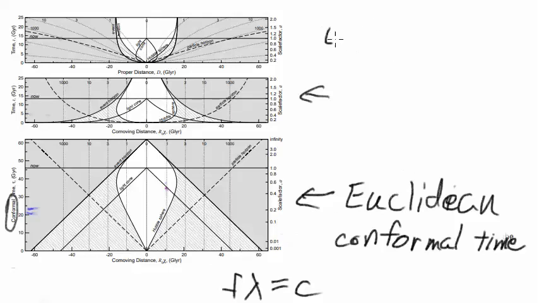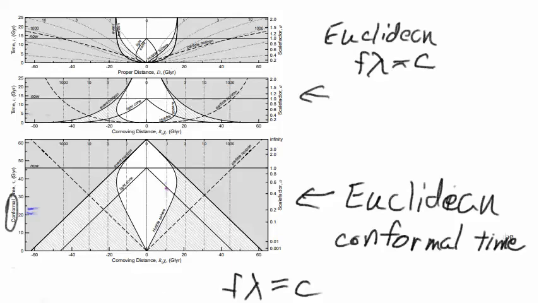If we make this the Euclidean time, though, then we're going to have the problem that I don't think we can claim that f lambda is equal to c, because the speed of light in this situation is doing this weird thing where this light cone is actually coming toward us, but on this graph it's going away from us until a certain time where it crosses the Hubble sphere and then comes back.